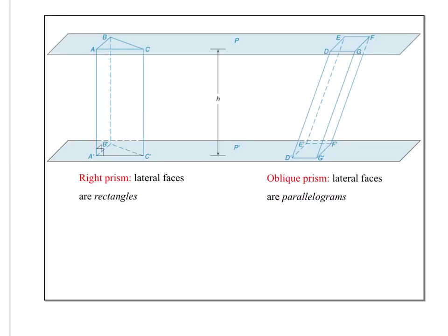Okay, so looking at these here, we have a right prism with lateral faces being rectangles. What that means is that it forms 90-degree angles to the base. So our lateral edges, we're using vocabulary here, our lateral edges are perpendicular to the base. On the other side, we have oblique prism. Oblique just means slanted.